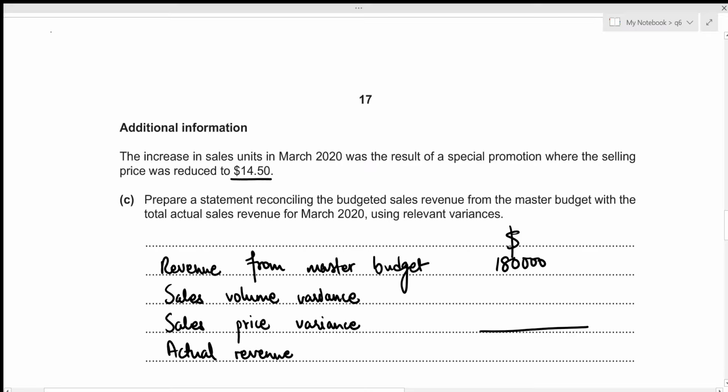Okay, so first of all, let's figure out our sales volume variance. We know that the actual sales was 12,500, whereas the budgeted sales was 12,000, which means that the actual sales was greater than budgeted sales. So that's going to be actual sales units minus budgeted sales units times the budgeted selling price per unit.